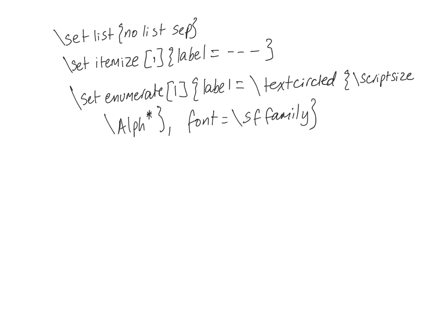Now what happens is that the set enumerate sets property is valid for the numbered lists. Now we used it in this case just to set a label and a font for the label. The command alf star stands for enumeration in capital letters. Okay? So the description of what we just did.